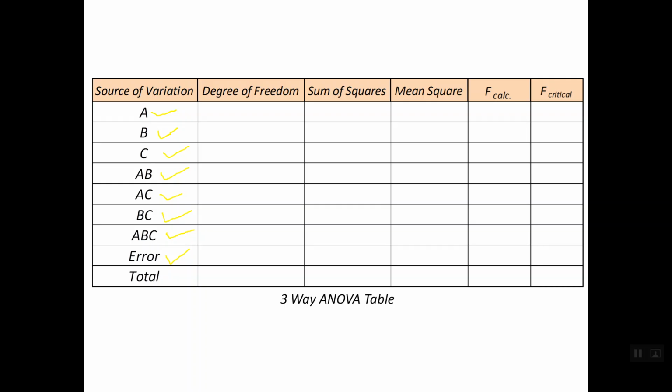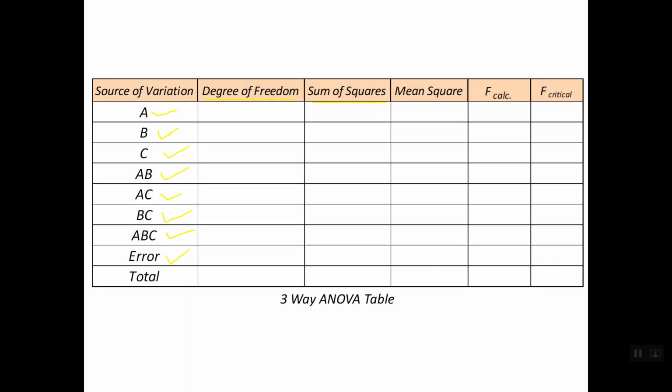So we need to calculate the degrees of freedom for all of these. Then we need to calculate the value of the sum of squares as SS.